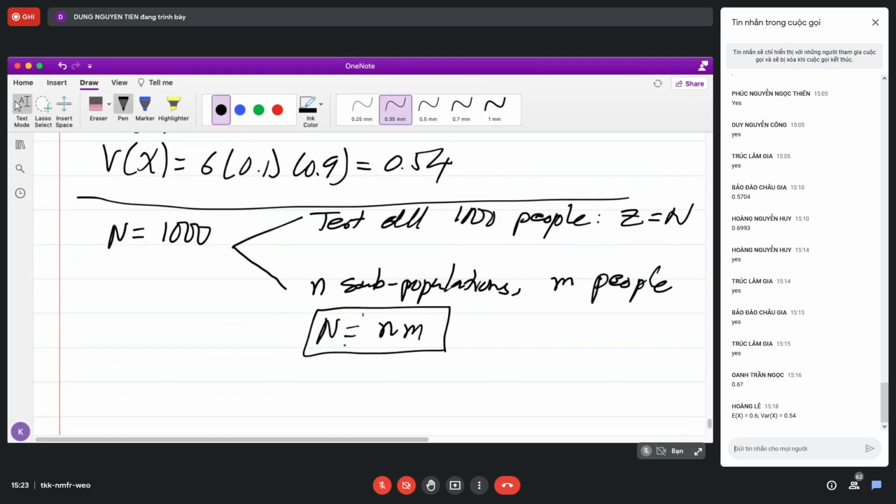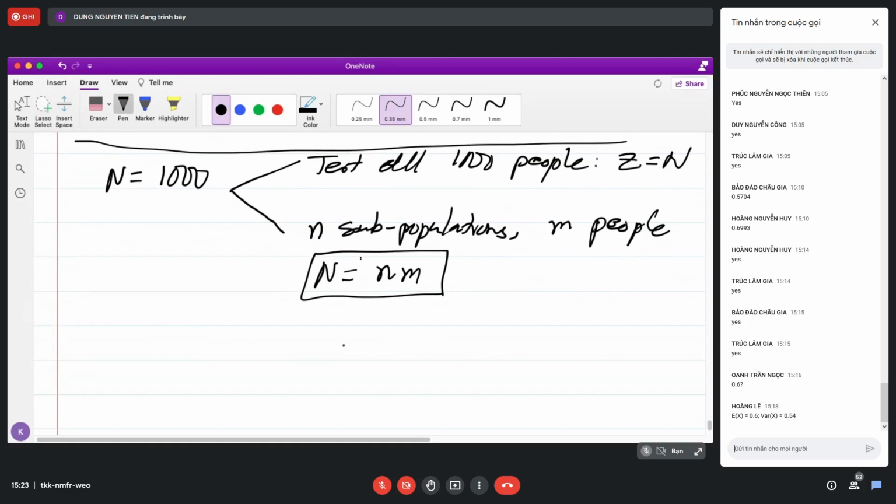On the other hand, I try to combine their samples. I come up with a single combined sample for each group, and I try to test those samples.